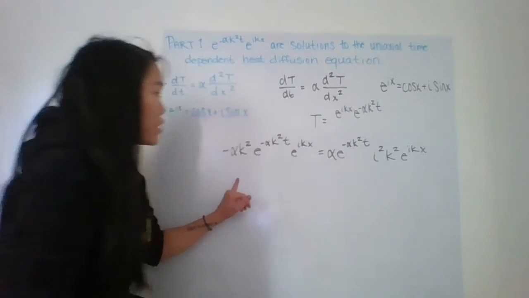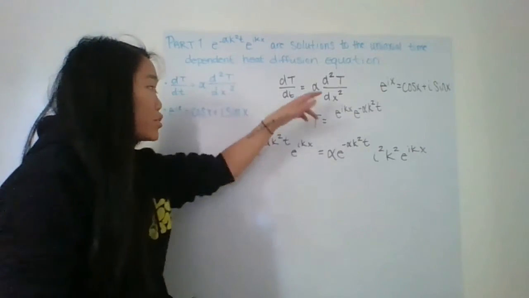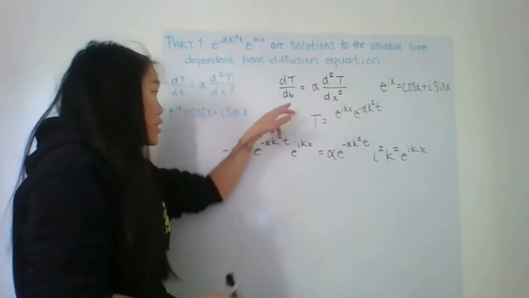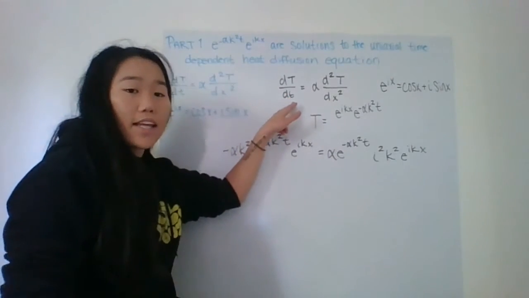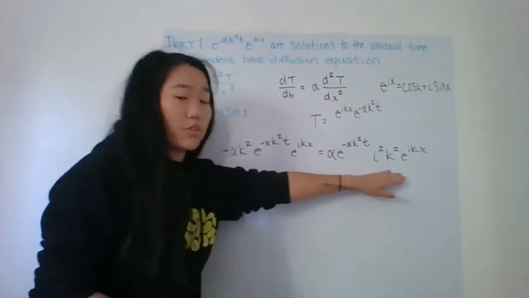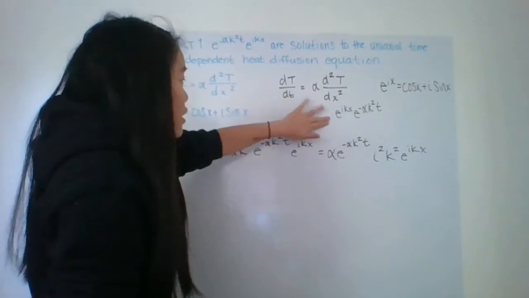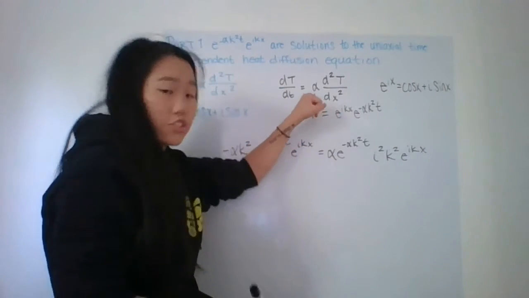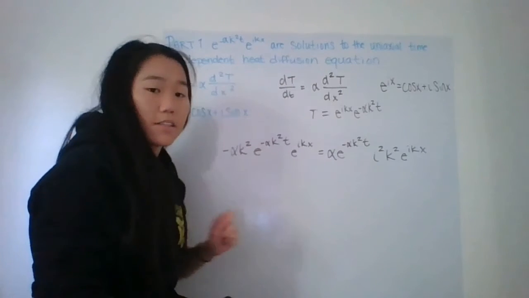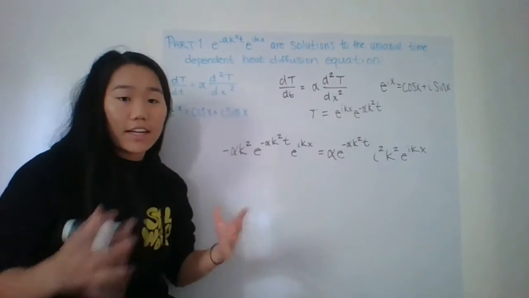The first part of this equation was derived by substituting our expression for temperature into the heat diffusion equation and taking the derivative with respect to time. And then the second part of this equation was derived by substituting the expression for temperature in, but we took the derivative 2 times with respect to x. So i is an imaginary number, so i squared is just negative 1.